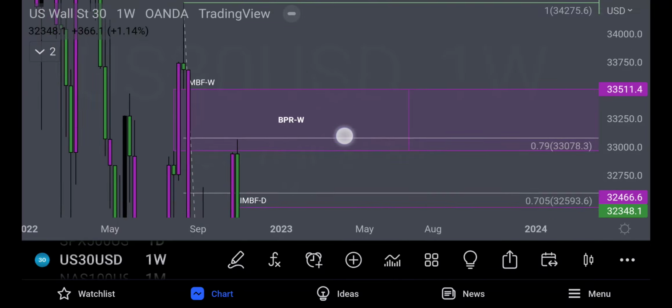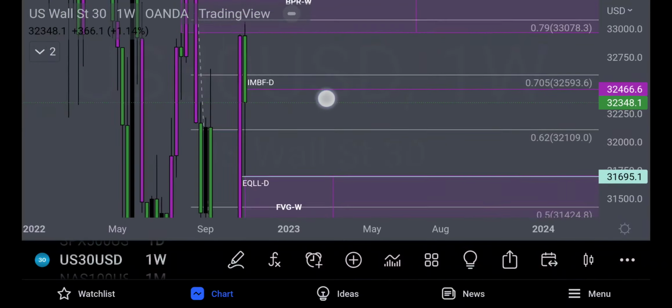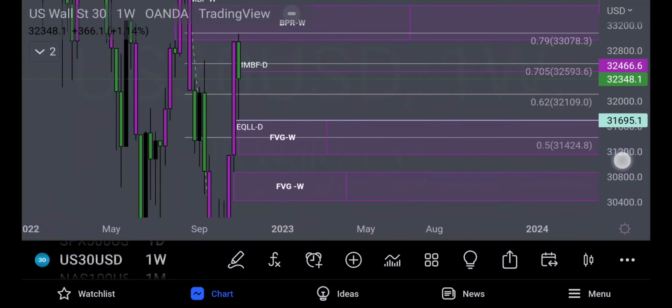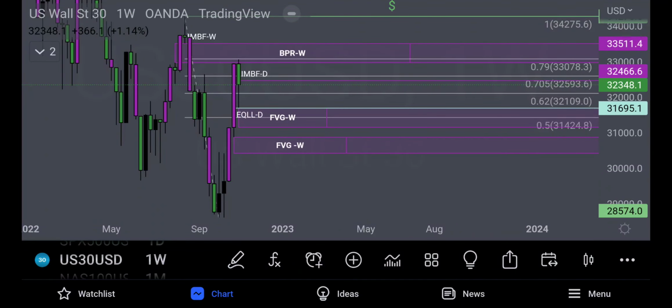I said that we were in a buy program, and I thought that the market would come all the way up here and tap into this BPR. And that is what it did. And then it started rejecting down further. So that's here on a weekly. We just tapped into this BPR.